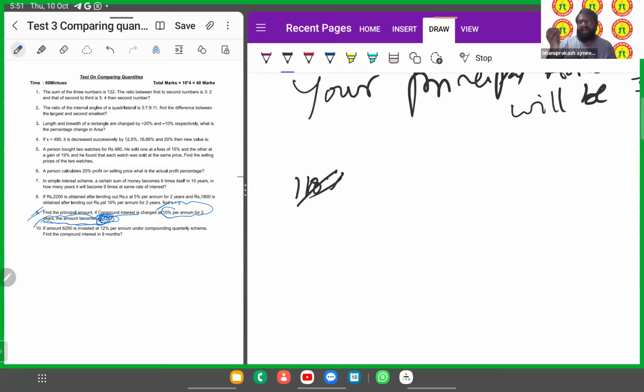Whenever they ask, for example, someone sold a product and lost 15%. You have to consider that 15% means we are comparing it with 100. So 100 minus 15 means we have to consider 85%. Fullest, we have to consider 100.